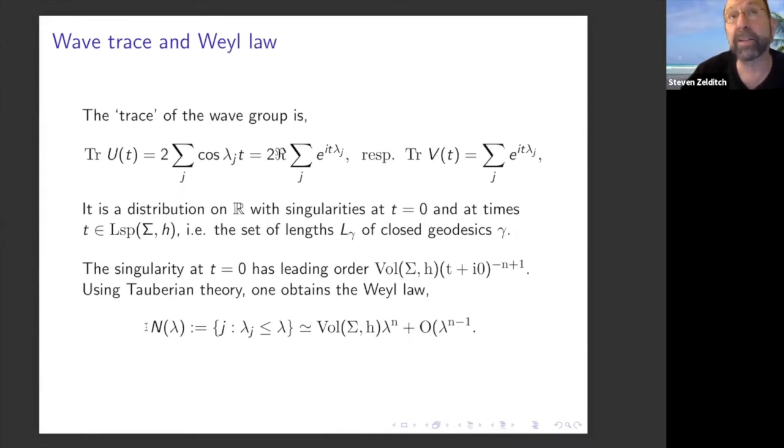You get the volume of the manifold times lambda to the dimension plus lower order terms. So the trace of the wave group is the Fourier transform of the derivative of N of lambda. And Fourier-Tauberian theory is all based on the relations between N of lambda and the Fourier transform of its derivative, which is the trace of the wave group.